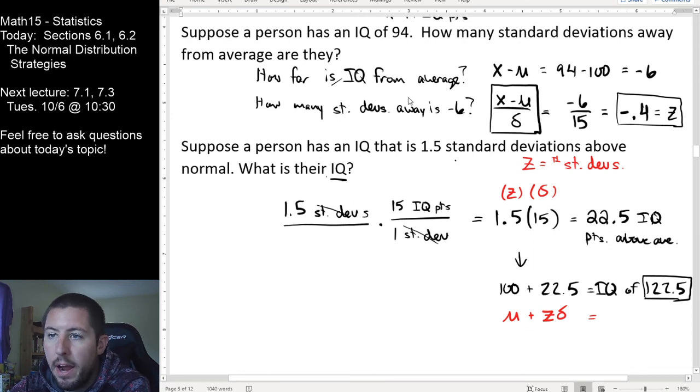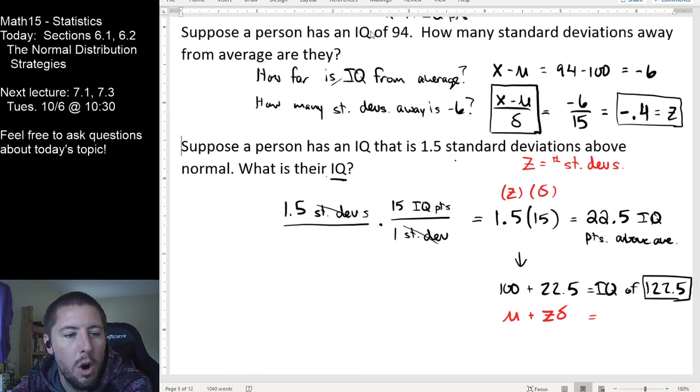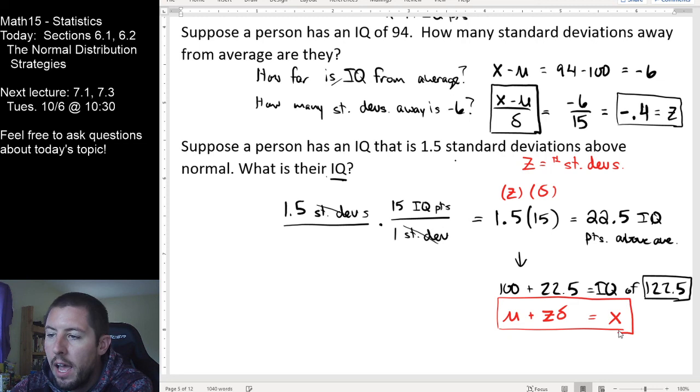Just like an IQ of 94 was x up here, an IQ of 122.5 is x down here. So these should basically be our two equivalent equations right here. What I have in the boxes up here and the box down here are exactly equivalent to each other. This is just our equation solved for z equals x stuff. This is x equals z stuff right here.